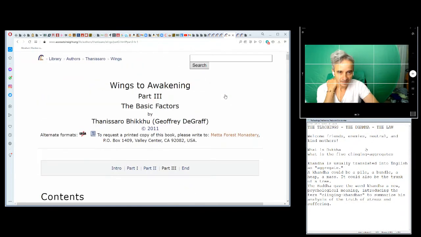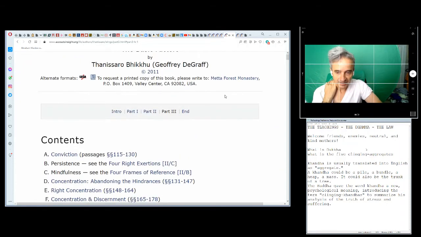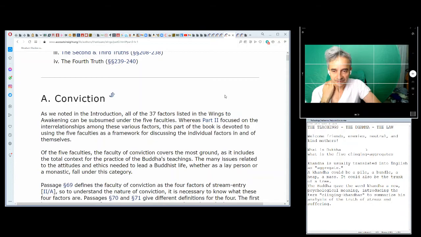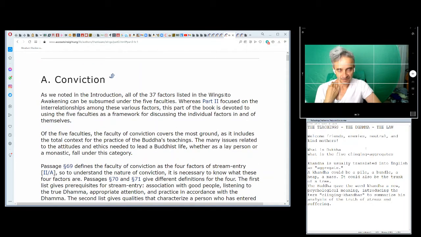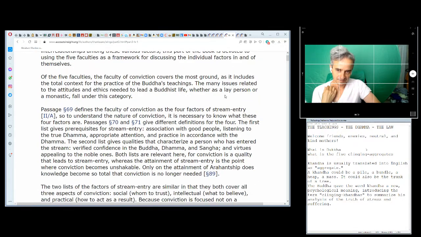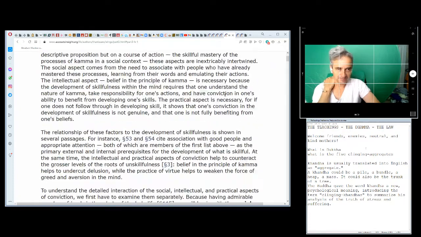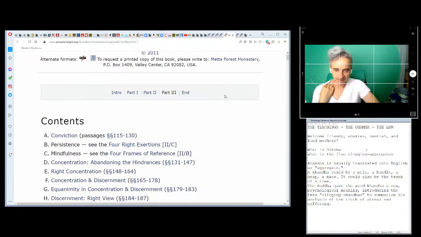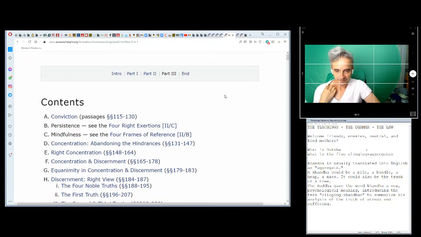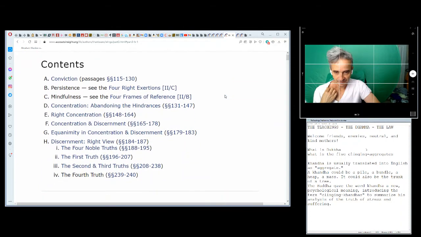Oh no. The Four Noble Truths. The fourth. General Index. Sorry for getting lost.